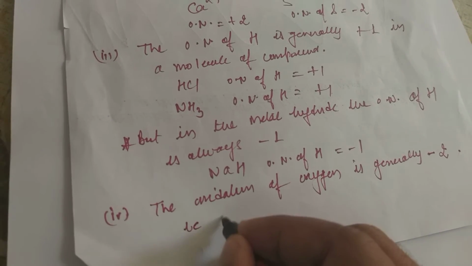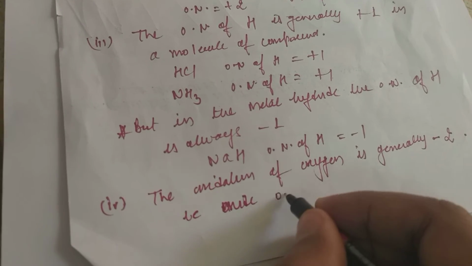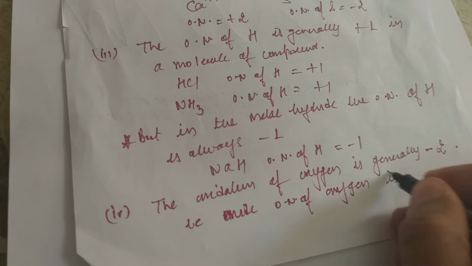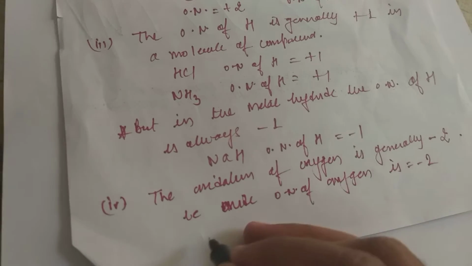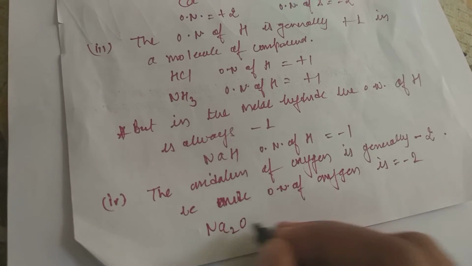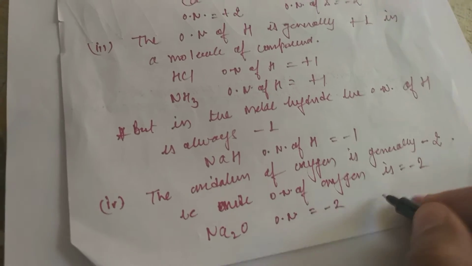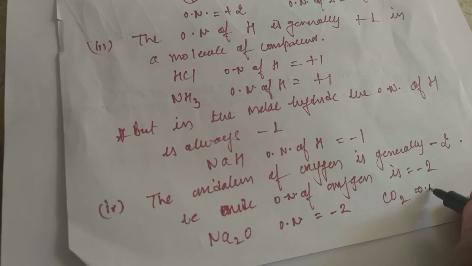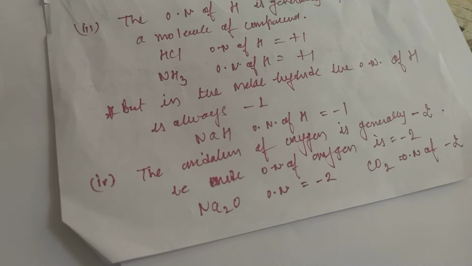It means in all the oxides the oxidation number of oxygen is -2, like this. Na2O, oxidation number is -2. CO2, oxidation number is -2. This is the meaning.